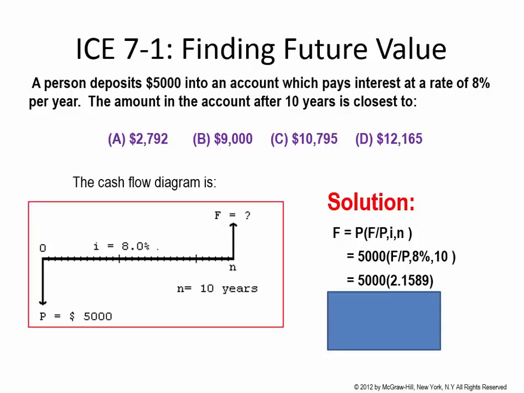So we take that factor and we multiply it by the present amount. So to find F, F equals P times 2.1589. All right, so that gives you an idea of how all of these problems are going to work. All 4 of them, it's the same approach. Draw a cash flow diagram, set it up based on what you're finding versus what is given.